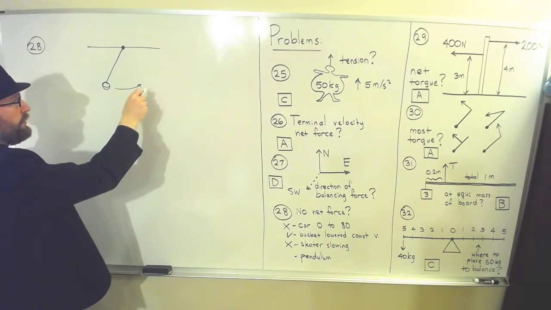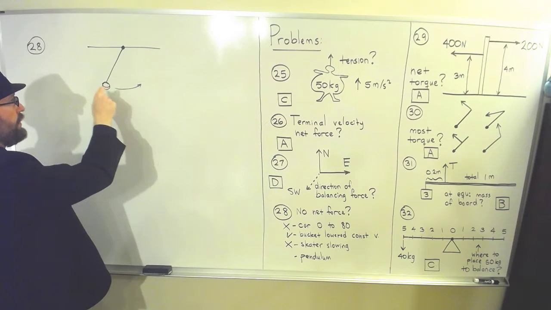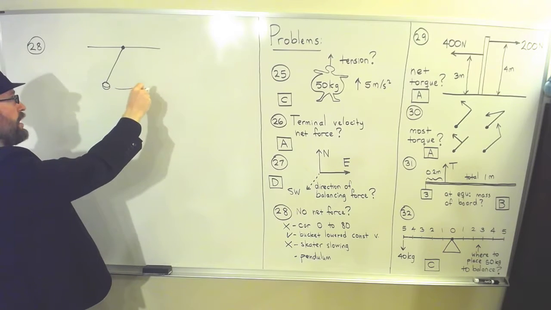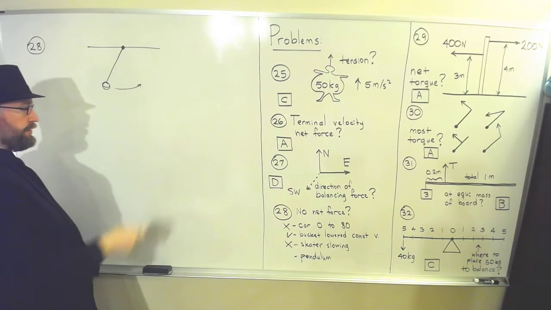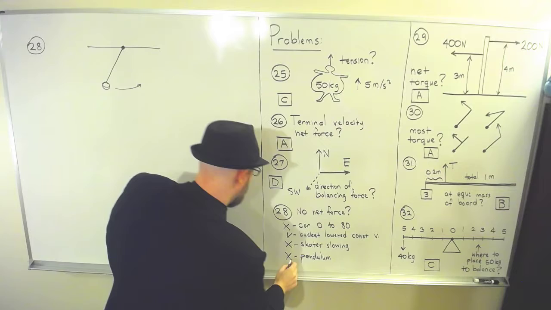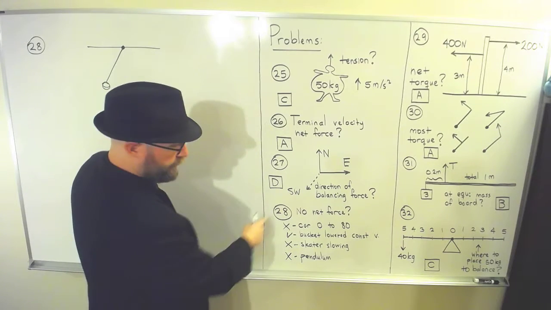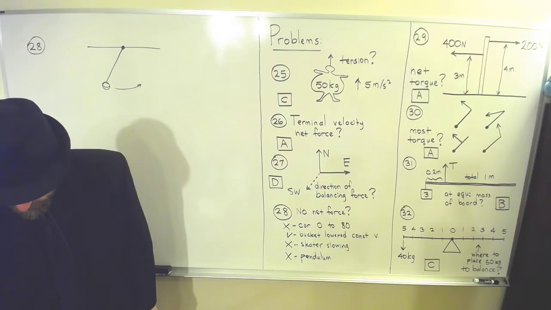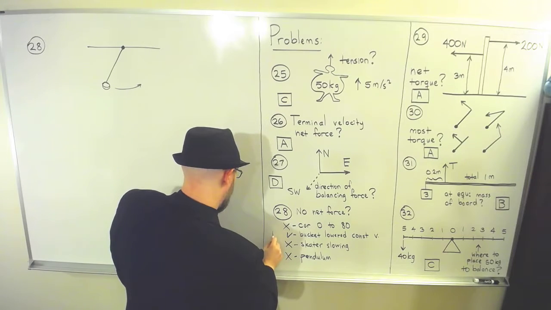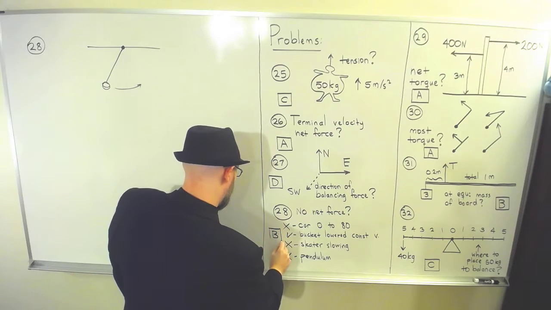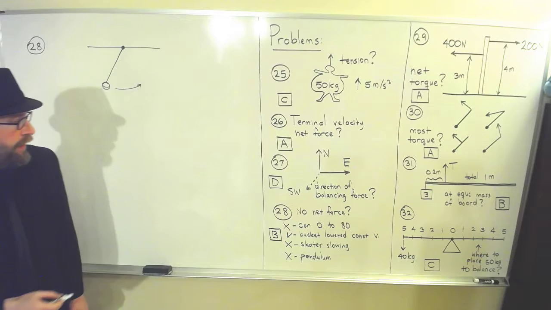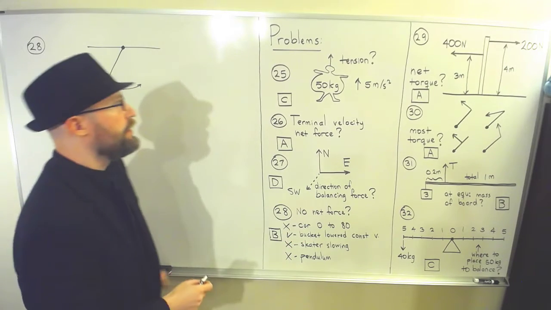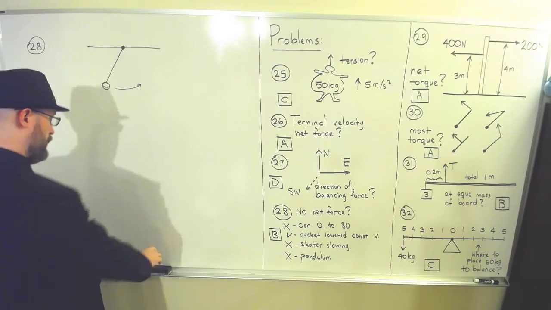It's not moving at constant velocity. It accelerates this way, stops, accelerates back this way, and so on. So that's an X. And it turns out, I forgot to write it again. Let me look and see. Yes, they agree with me, fortunately. The answer choice here is B. That's the bucket being lowered at a constant velocity.